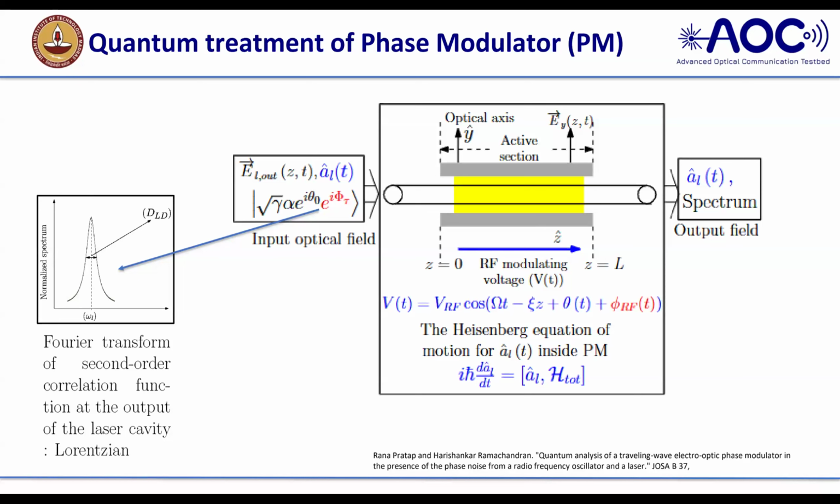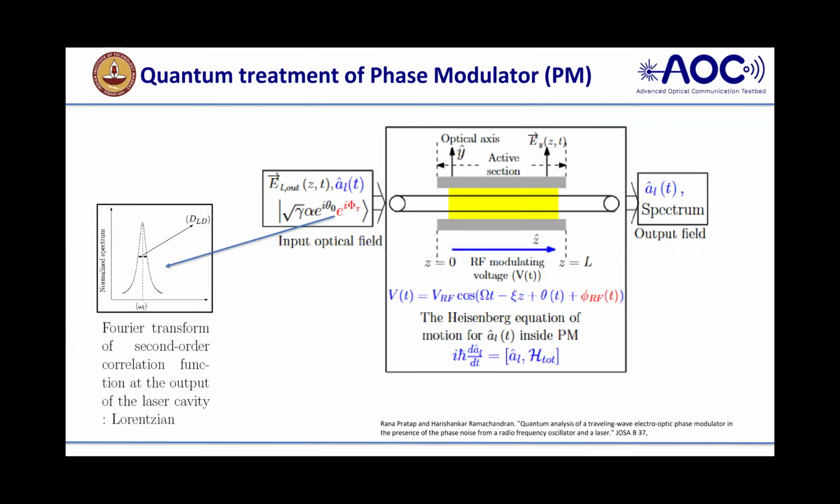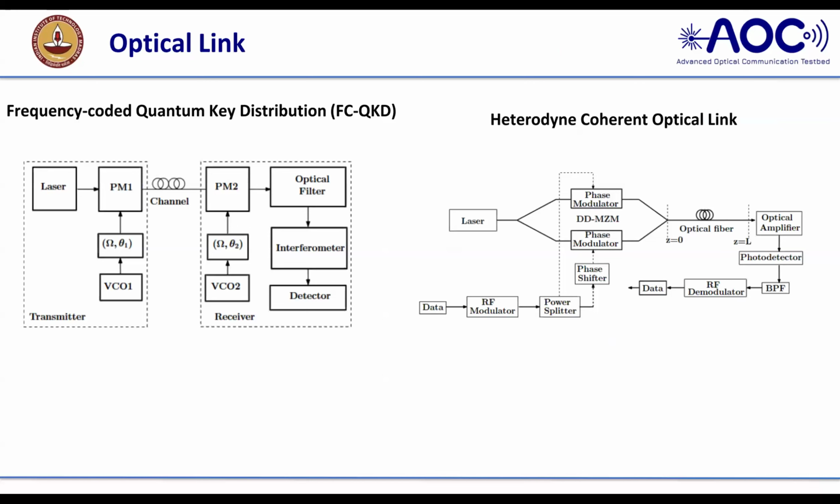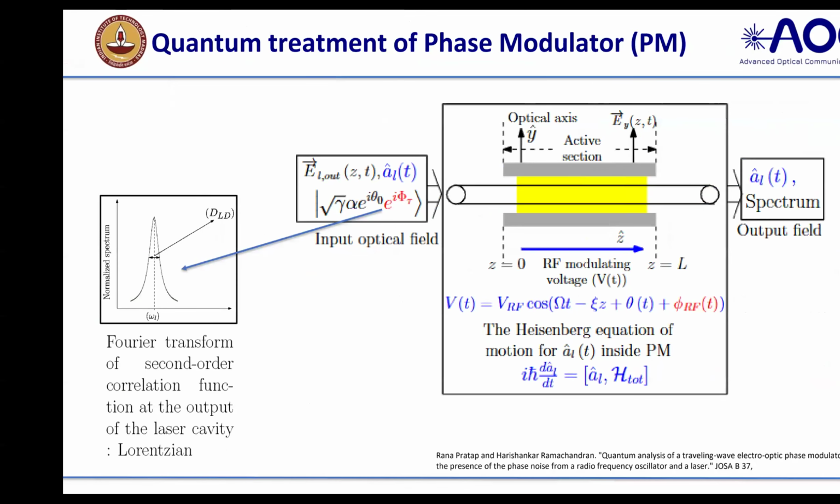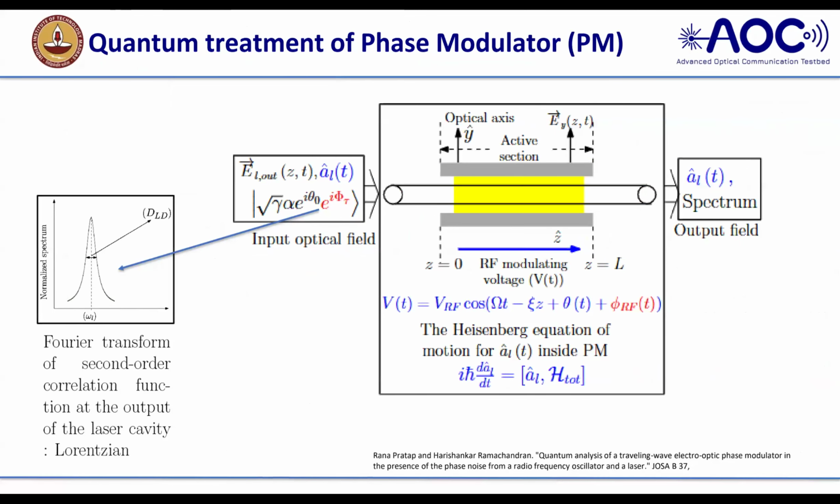So how to solve it? Here you can see VCO1 and the data; the RF signals are coming to the RF modulator. That is V of t, with amplitude V_RF and modulating frequency capital omega. This is the RF frequency, whereas the laser frequency is of the order of 10 to the power 12 and here 10 to the power 9.